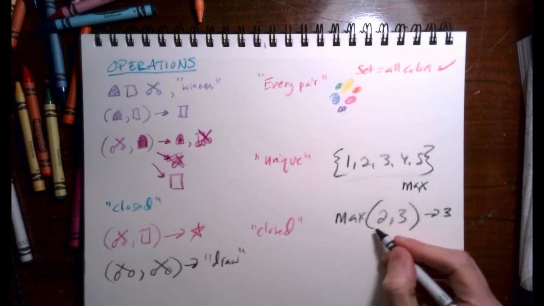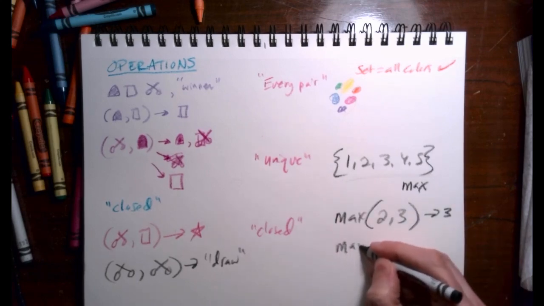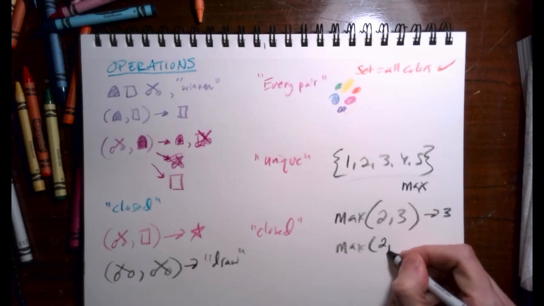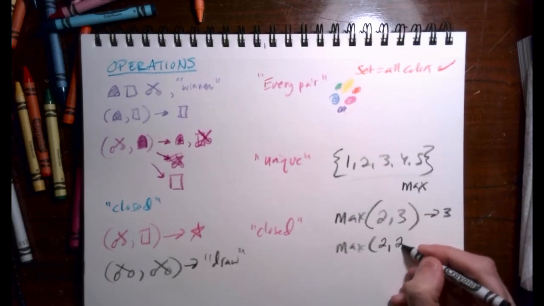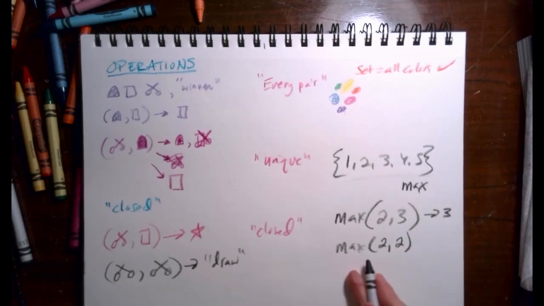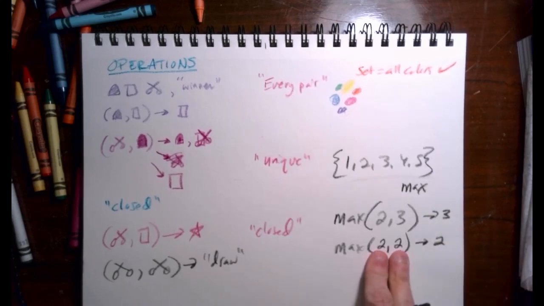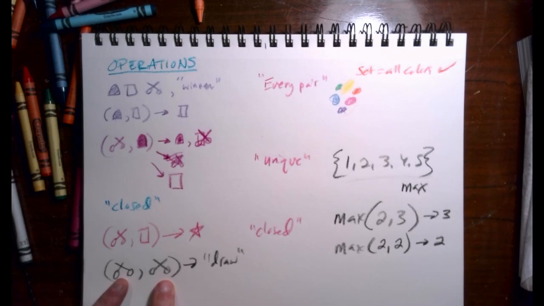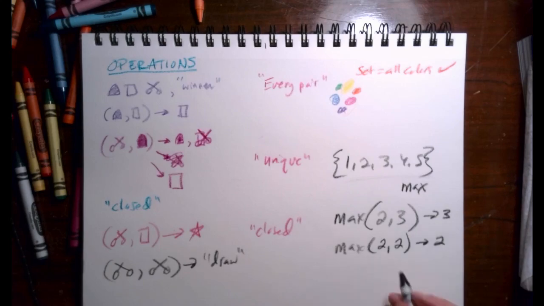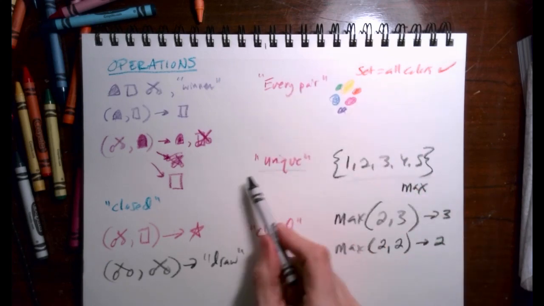The reason I thought of that was because what if I take max of 2 and 2? Well, a computer program I think just does this, but these are the same. But when we're playing rock, paper, scissors, this is player A, player B, so which one do you pick? But at any rate, max works for every single pair, and will the result be unique?